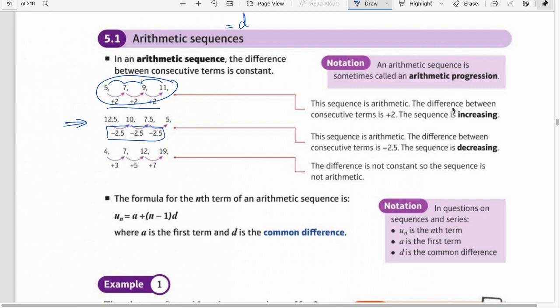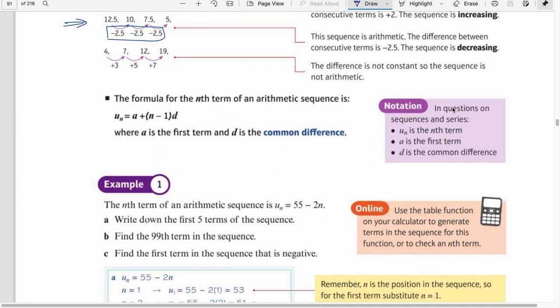in every successive term. We have the general formula. Sometimes it is written as un, sometimes it is written as tn, the term number n is a plus n minus 1 times d, where a is the first term and d is the common difference.